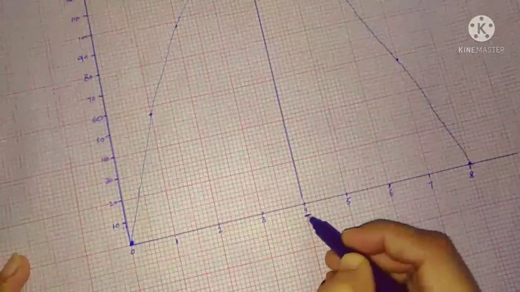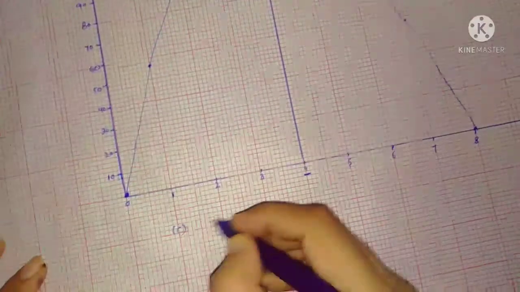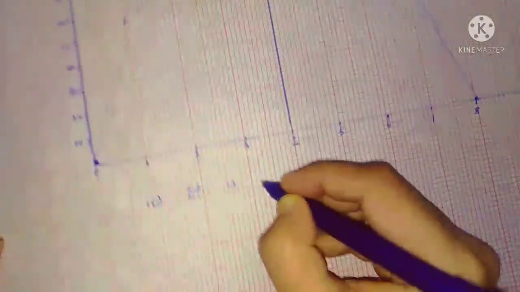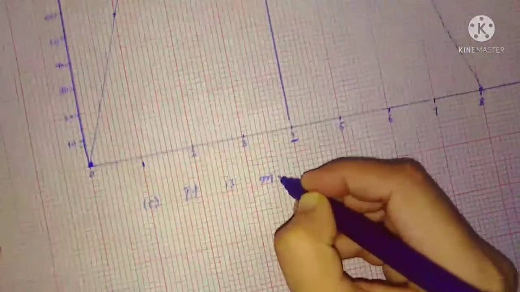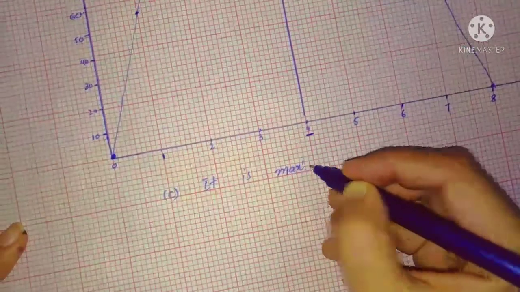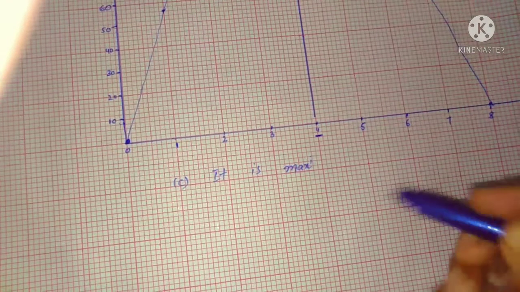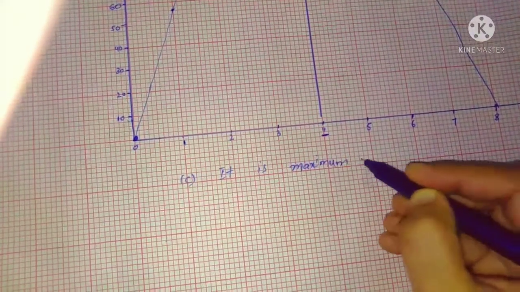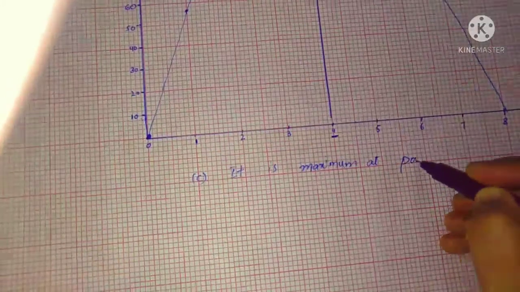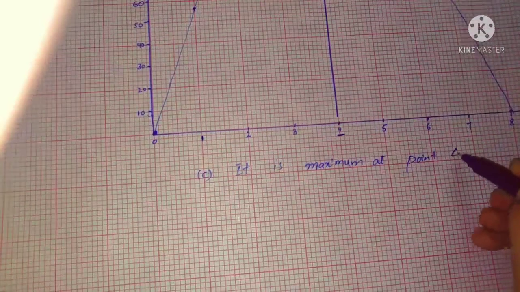As you can see, this is 4. So in part C you will say it is maximum at 4. This is your answer.